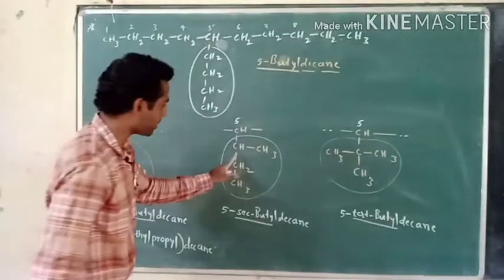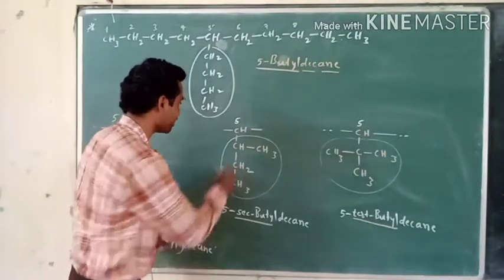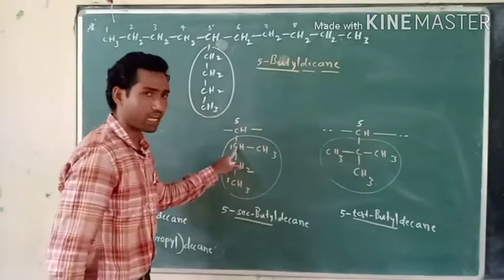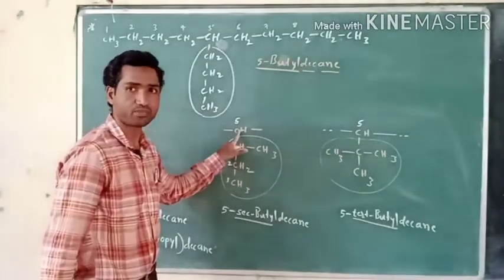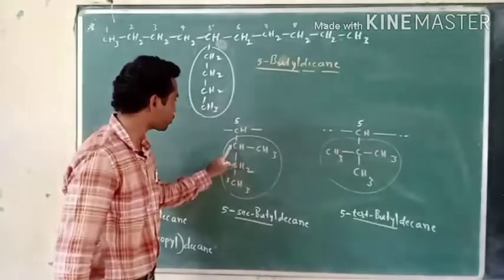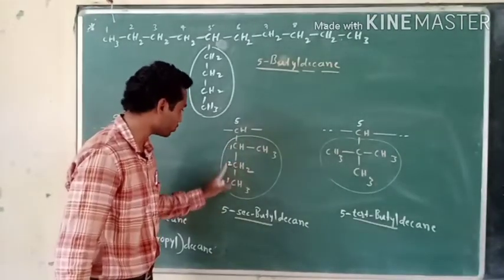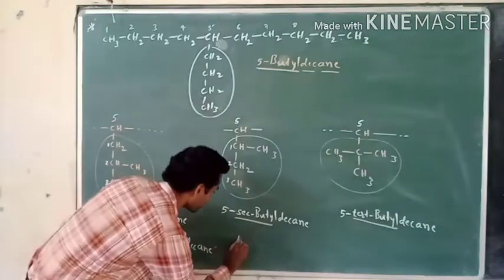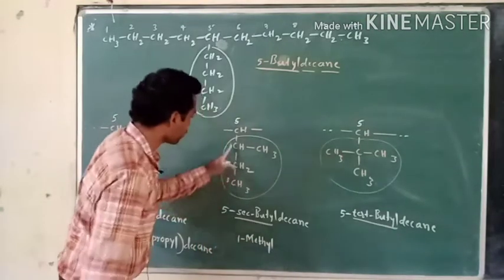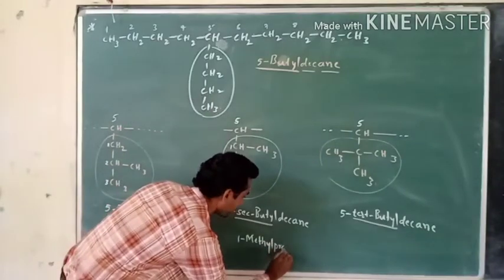So now let us write the systematic name for this substituent. The longest carbon chain is 1, 2, 3. From the carbon through which it is attached to the main chain, we have to consider the longest carbon chain, so numbering should also start from that carbon, 1, 2, 3. At the first position, a methyl group is there. So 3 carbons, prop.